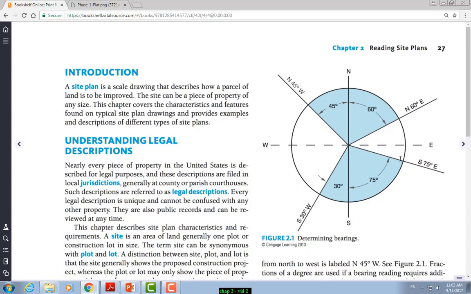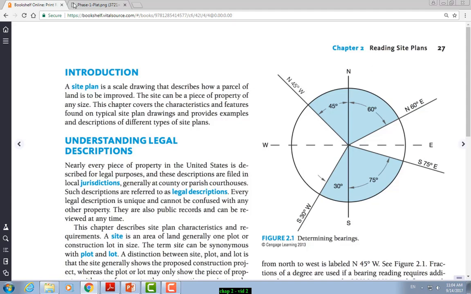If you have another line on this side, you're not going east, south. No, you always start from north or south. So for this line you go south 75 degrees east because it's going toward east. This line over here is going southwest 30 degrees, so it's south 30 degrees west.